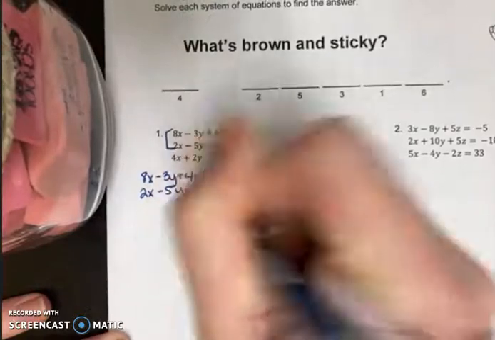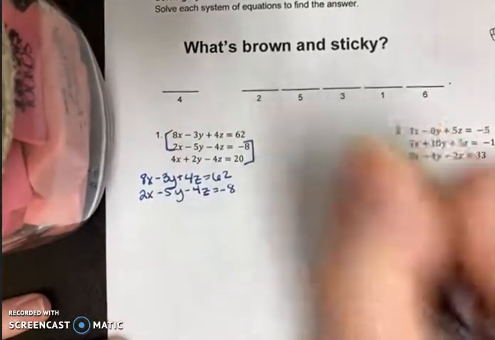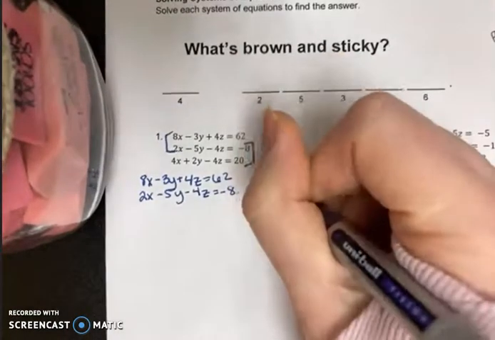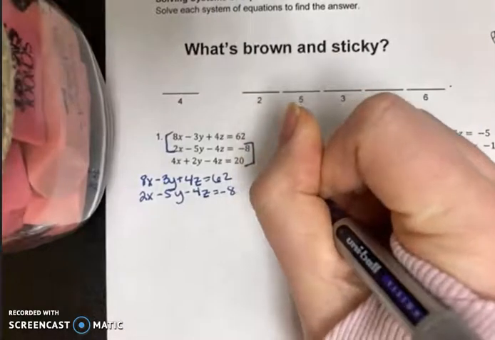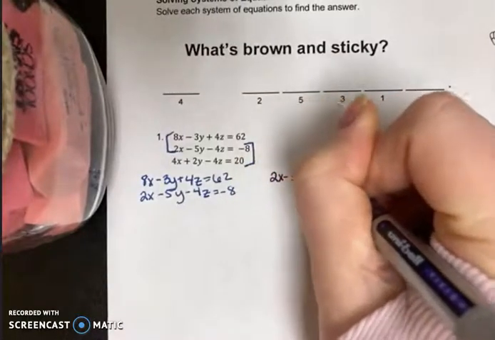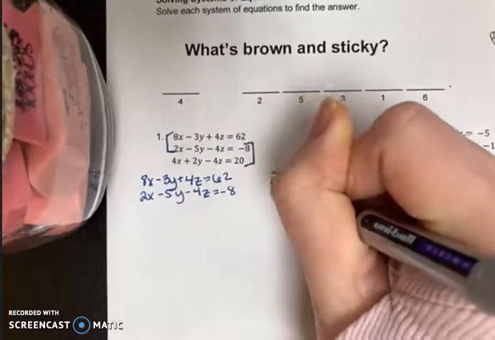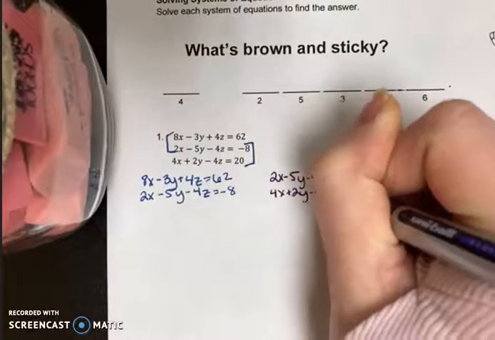So that's my first two equations. And then I have 2x minus 5y minus 4z equals negative 8, and 4x plus 2y minus 4z equals 20.